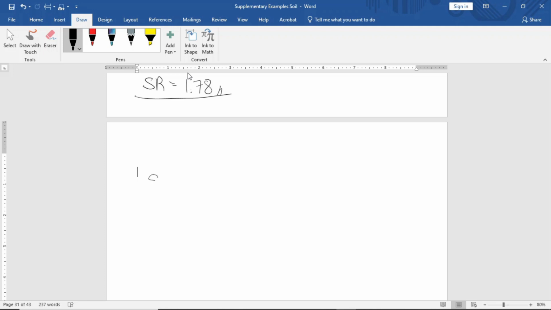Meron tayong formula kanina na SR is equal to M2 all over volume 2 times the density of water. So, 1.78 is equal to M2 all over volume 2.